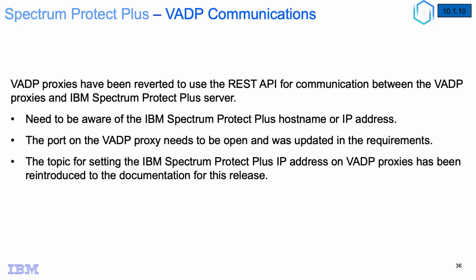So basically, you need to be aware of the hostname and IP address of the server, and the port on the VADP proxy is going to need to be open for communication when you use VADP proxies. This has been updated again, or back, in 10.1.10.